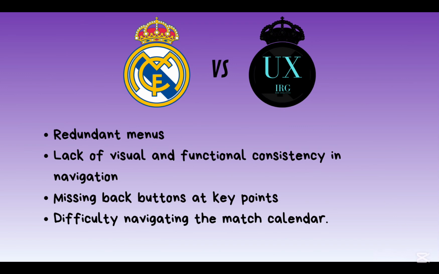While the website has an attractive and functional structure overall, there are clear opportunities to improve navigation, button behavior, and interaction flow. By addressing these areas, Real Madrid could offer a much more intuitive, efficient, and satisfying user experience.